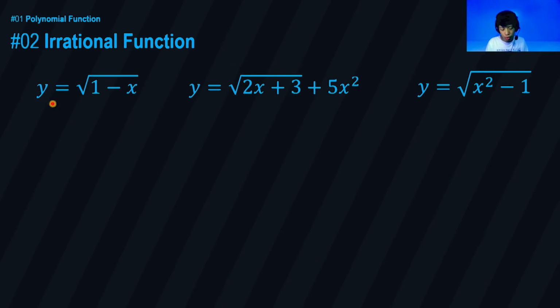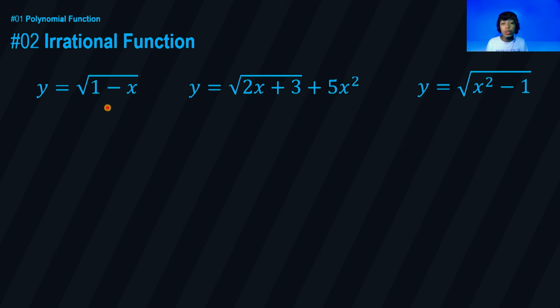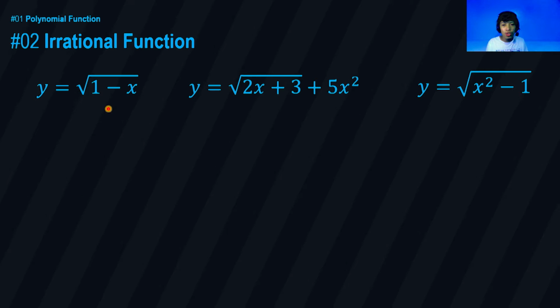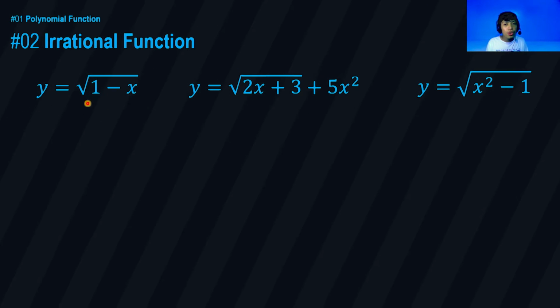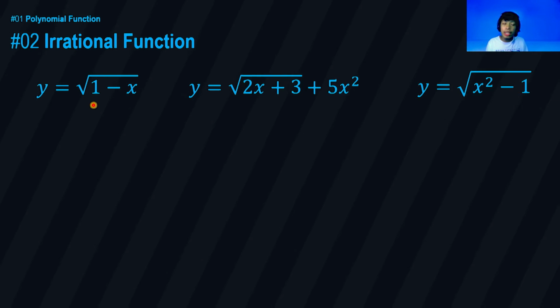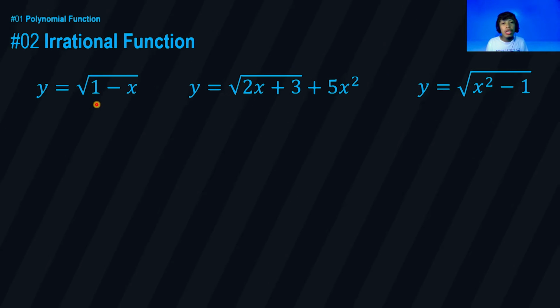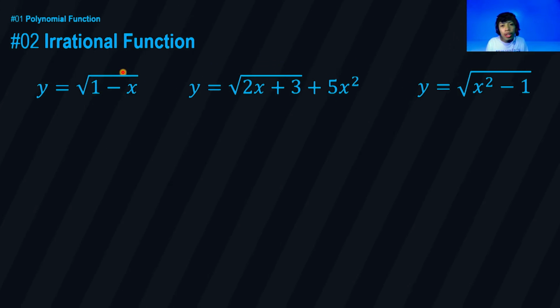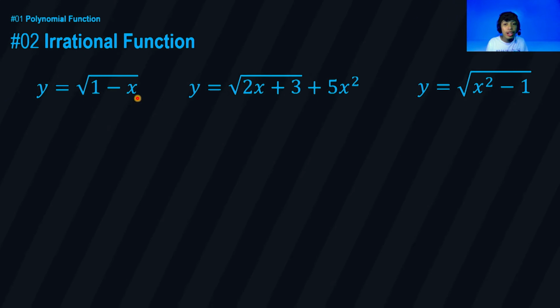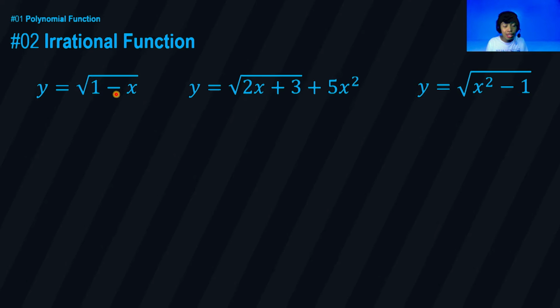For example, we have y is equal to the square root of 1 minus x. So this is an irrational function. The value of y would be undefined if and only if the value inside the radical sign is negative, diba?